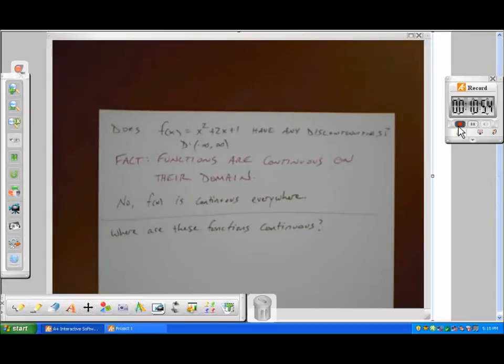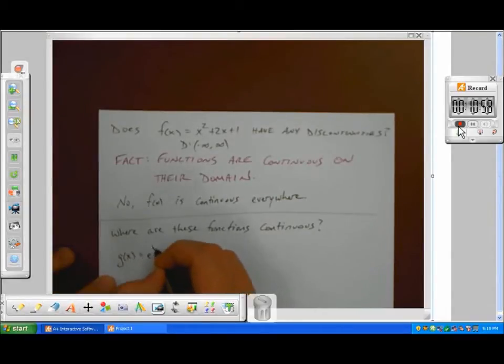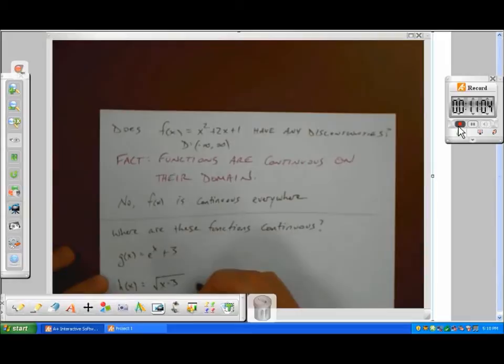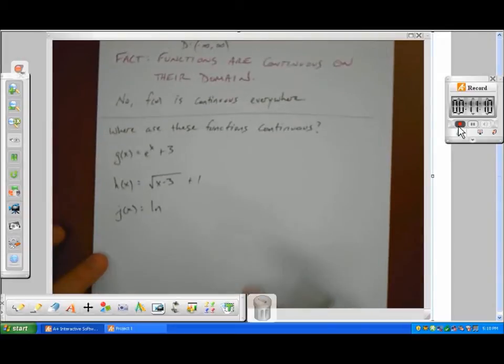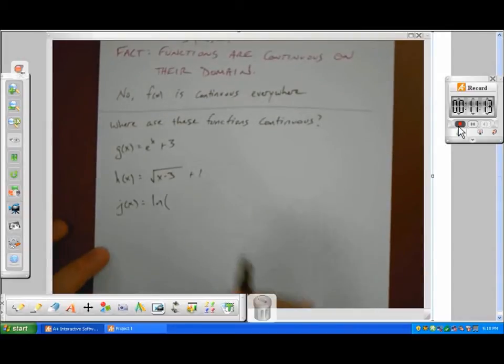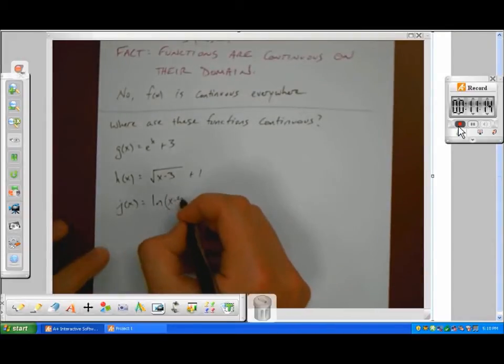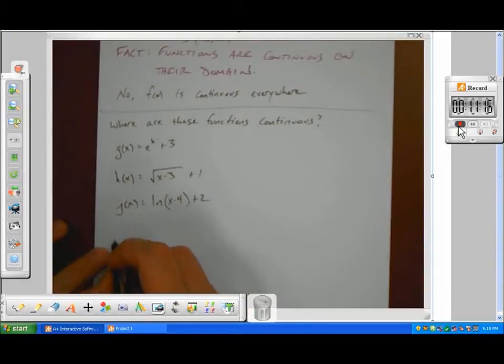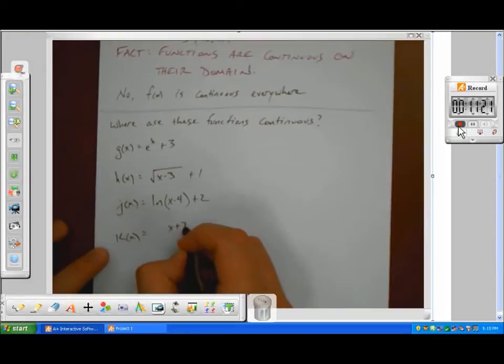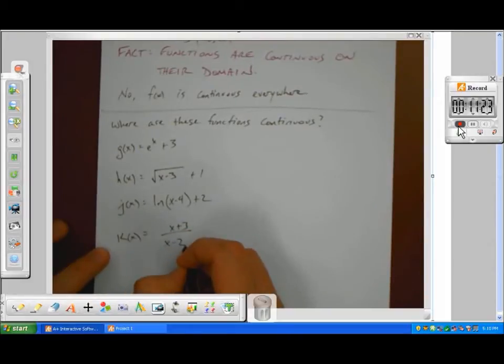The functions that we are going to have are g of x equals x e to the x plus 3, h of x equals the square root of x minus 3 plus 1, j of x equals the natural log of x minus 4 plus 2, and k of x is x plus 3 over x minus 2.